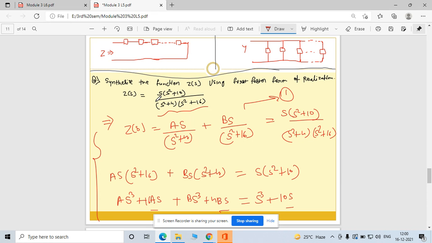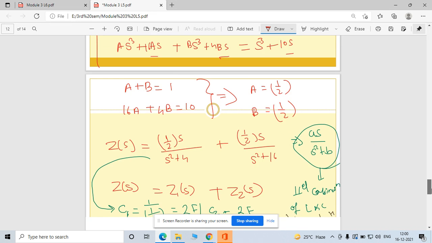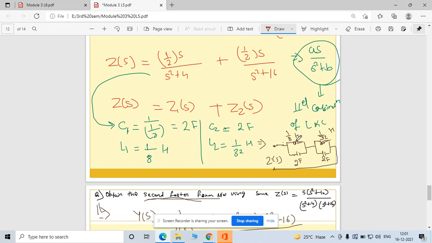That means you just observe the highest power of s, which directly indicates your number of energy storing elements in that circuit. Here the highest power of s is s square into s square, which is s power of 4. That is, 4 energy storing elements are there in your circuit. So how many elements are we getting here? 4 elements, 1 2 3 4, right?